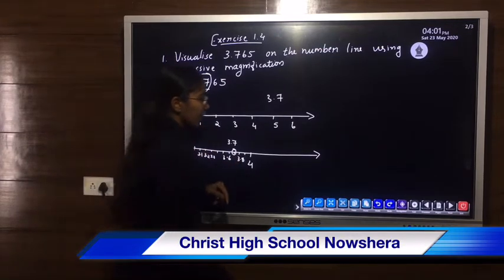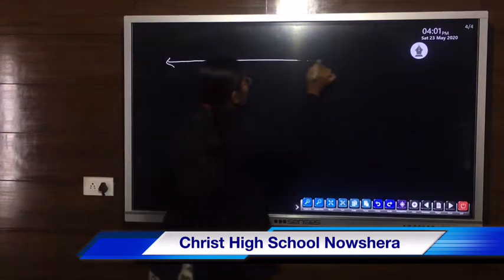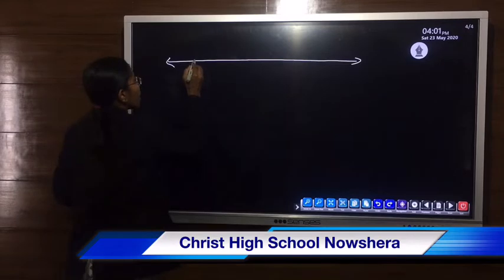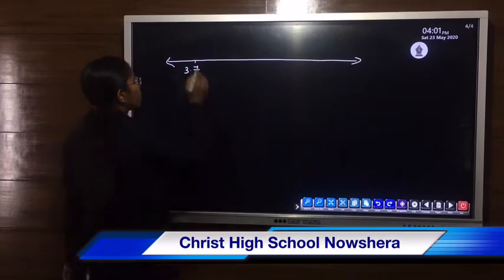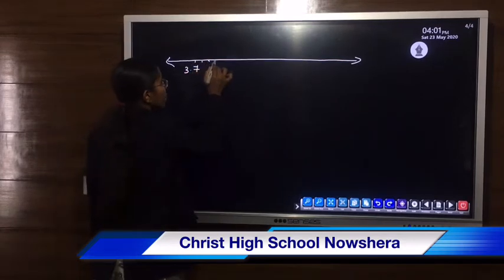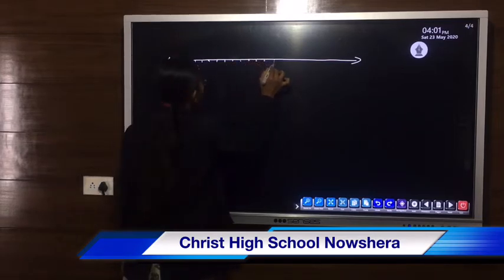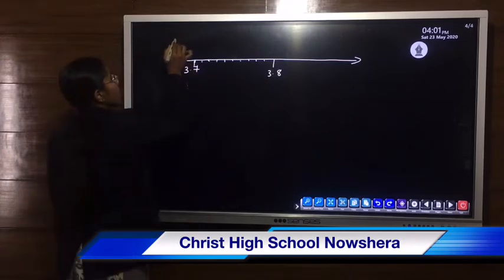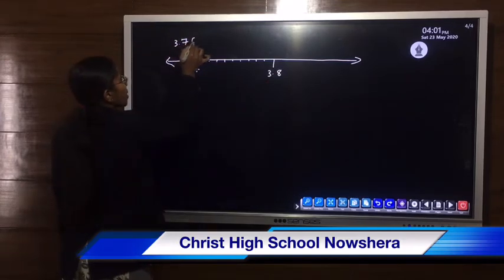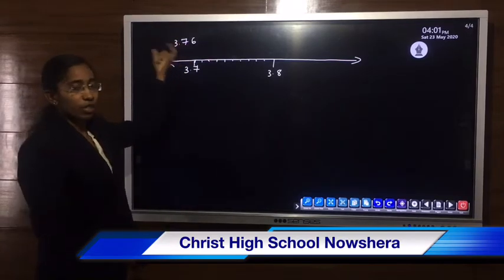So for our next step, we draw the number line with 3.7 and take 10 equal subdivisions: 1, 2, 3, 4, 5, 6, 7, 8, 9. This is 3.8 and this point is 3.7. Our aim is to find this decimal 3.76.